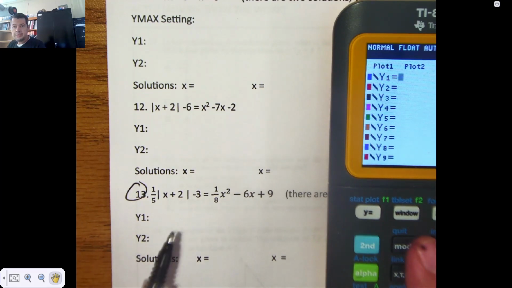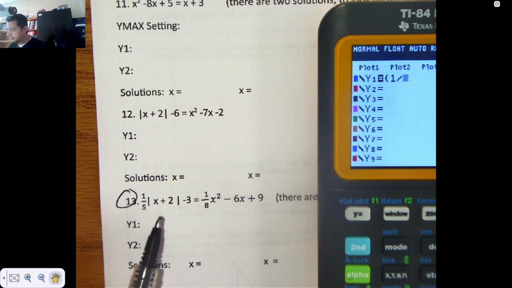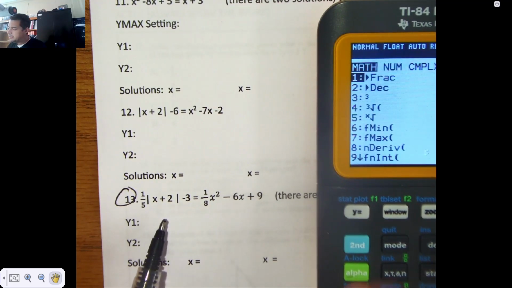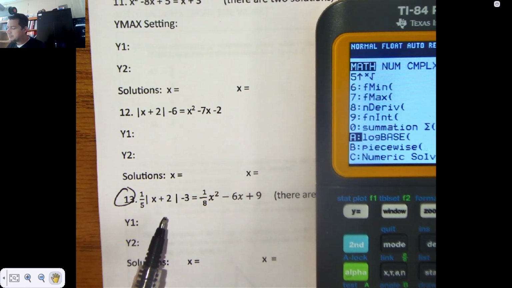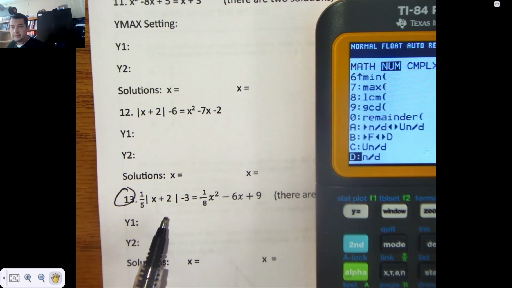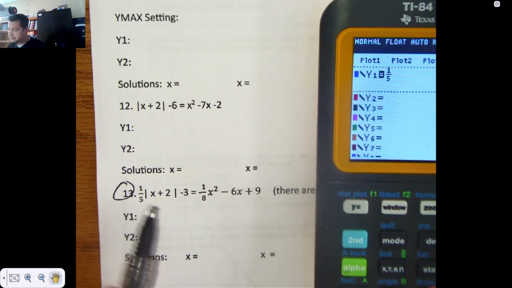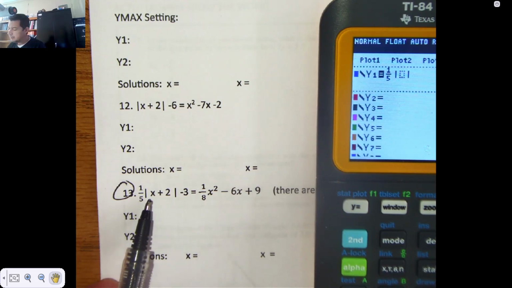So on these new faceplates, you can put in a fraction. On the old faceplates, you had to type like 1/5 in parentheses. But on new faceplates, you can go to Math and then hit the down arrow or the up arrow one time. Whoops, sorry, you have to go to NUM first. If you scroll all the way down to n/d, you can type in a fraction. So it's 1/5. Those are the absolute value bars. You go to Math, NUM, ABS, type in your equation.